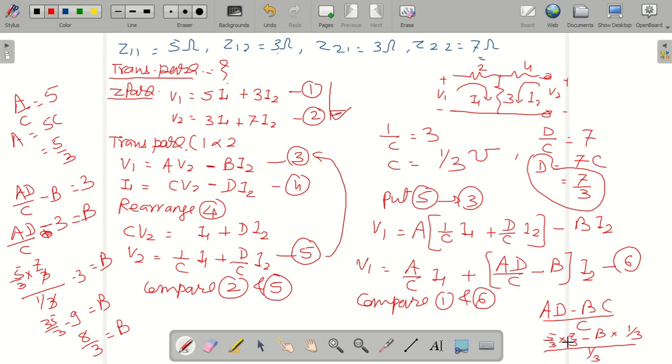So 35 by 9. So AD is 5 by 3 into 7 by 3 upon 1 by 3 minus B. B is 3, so AD is 35 by 3 minus 3. So it is 8 by 3. Okay.